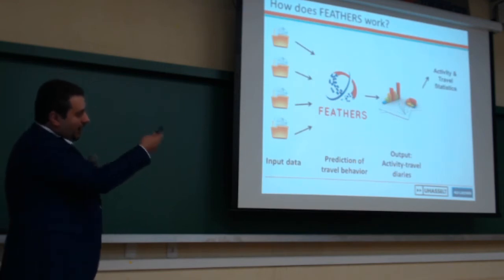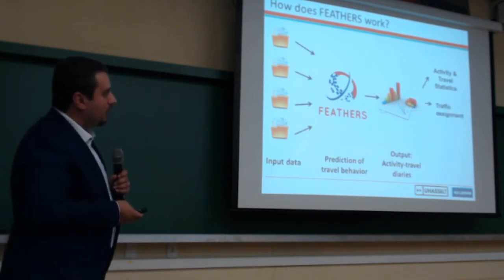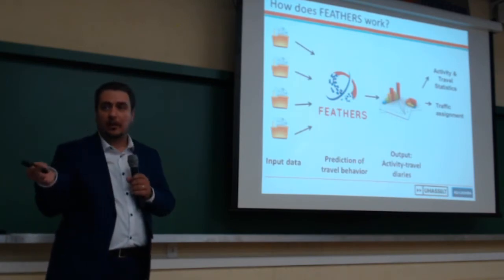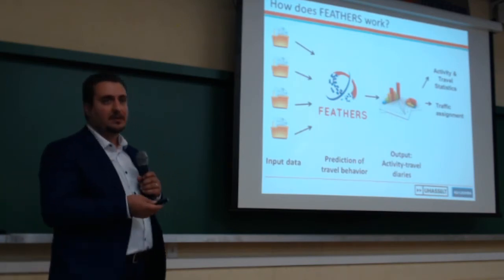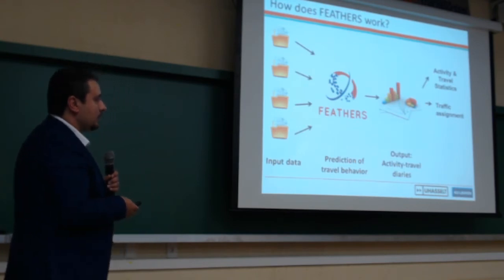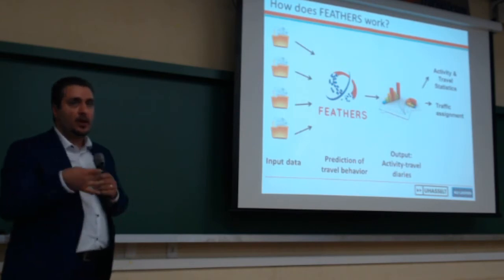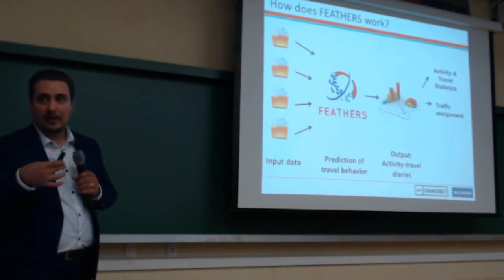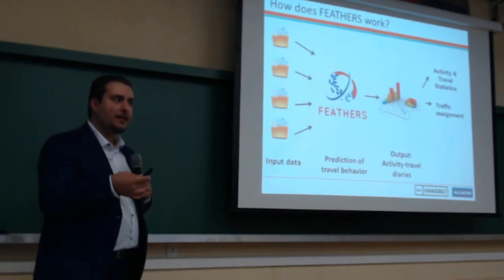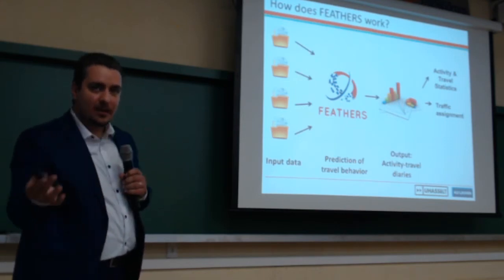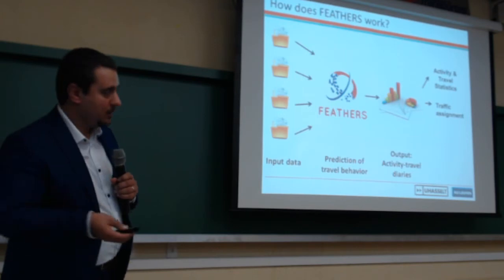And then what we can actually do with that output is produce activity and travel statistics, which are relevant for policymakers. Later on you will see some examples. There are also possibilities of assigning that traffic to our road network to see where the bottlenecks are and where authorities can intervene and change something so that the situation gets better.